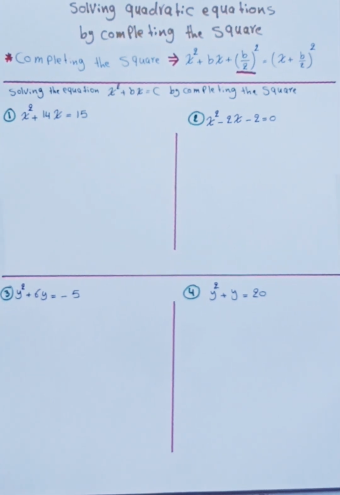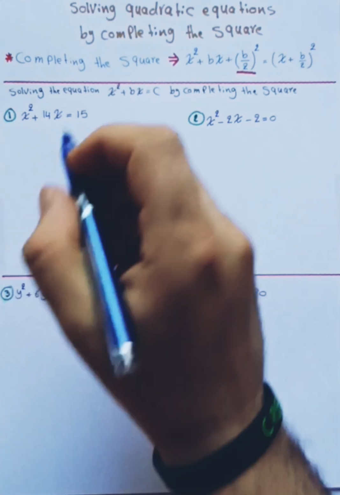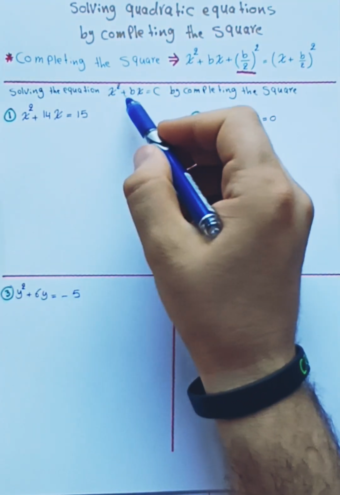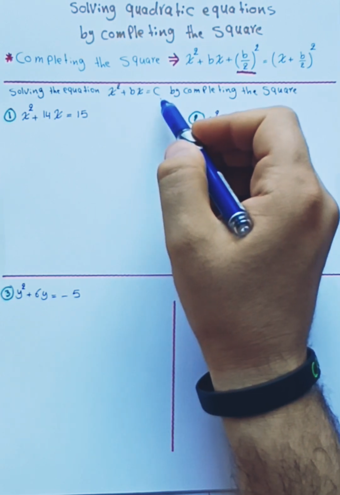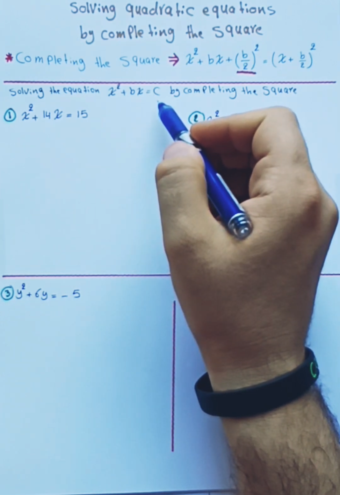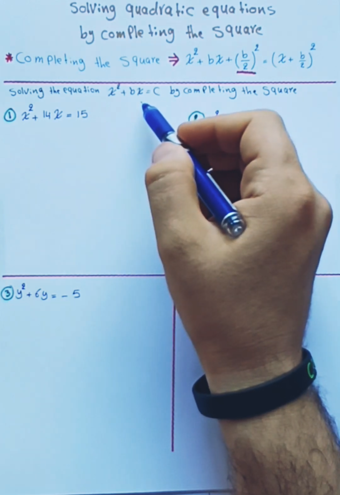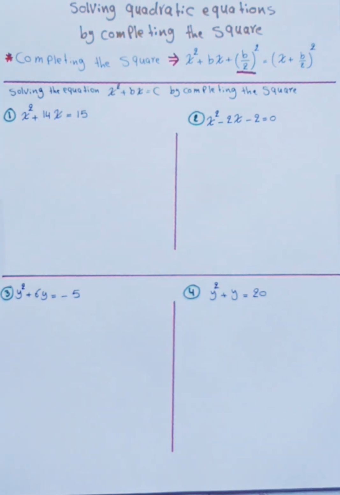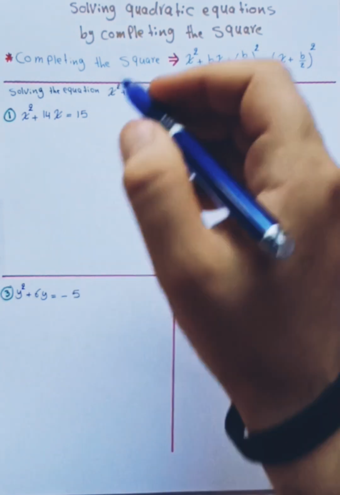After that, in the third part of this lesson, I'm going to teach you how to use completing the square for solving quadratic equations. When we have an equation in this form, x squared plus bx equals c, we have to make the left side a perfect square and find the third term.